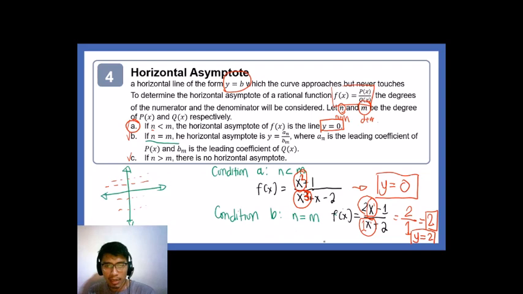Let me try another example to have a clearer picture for condition letter B. For example, I have f of x is equal to 3x squared minus 1 all over 4x squared plus 2.